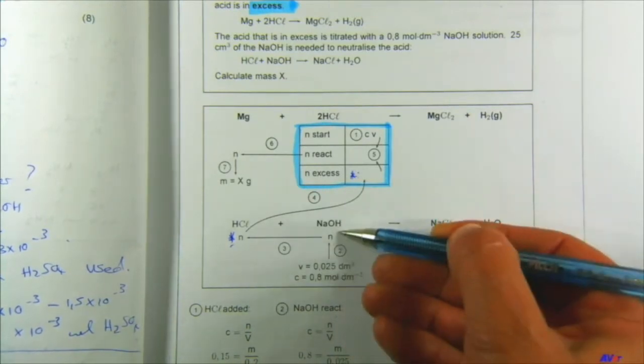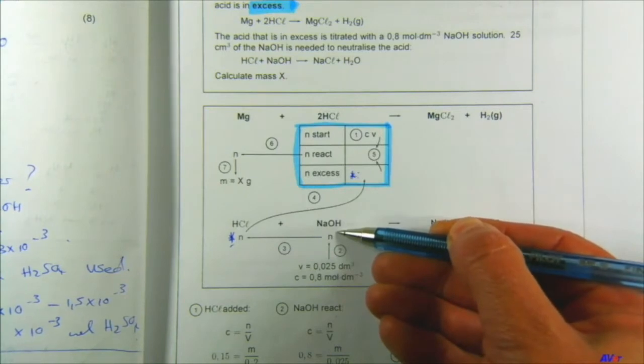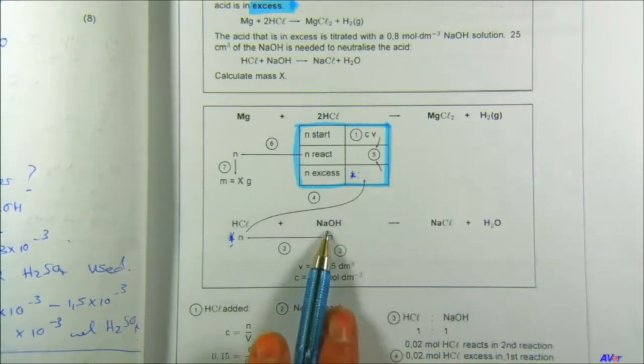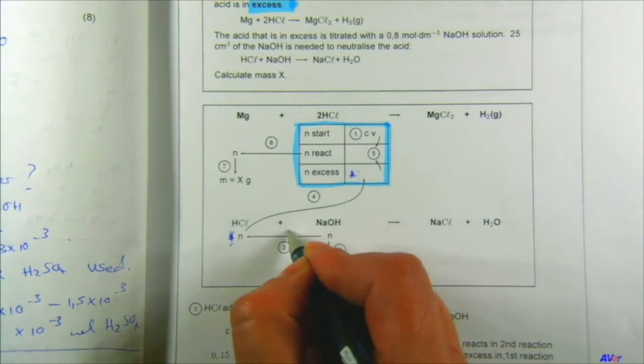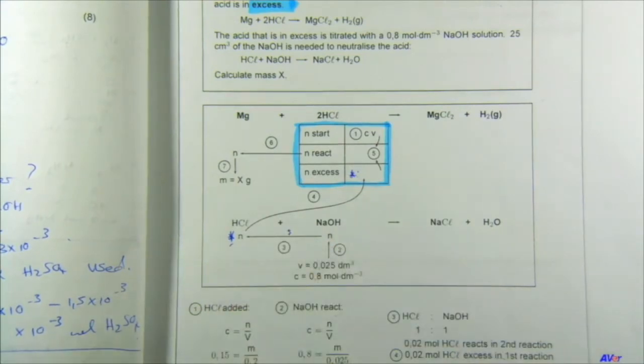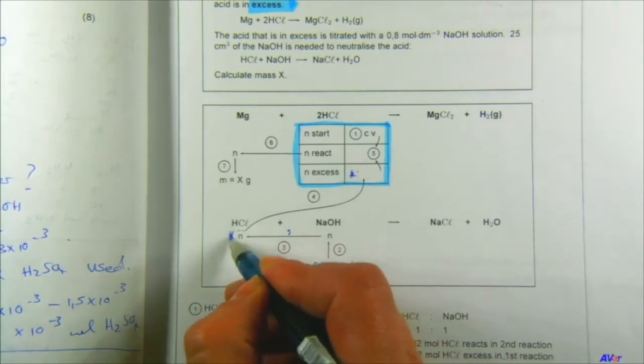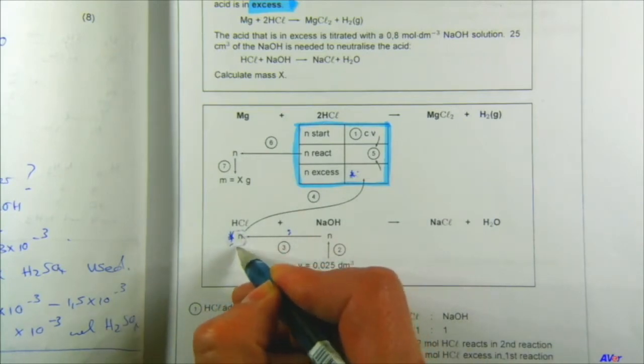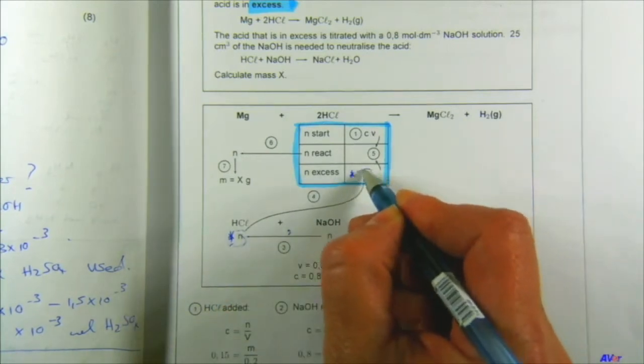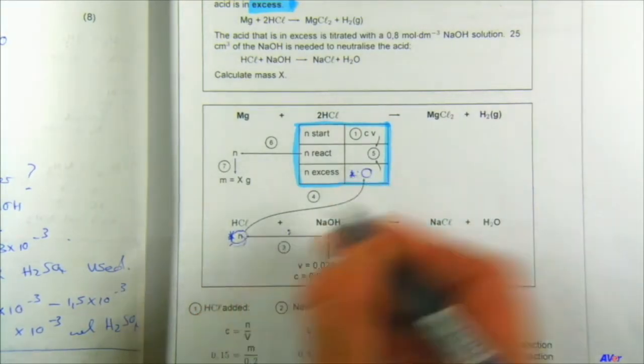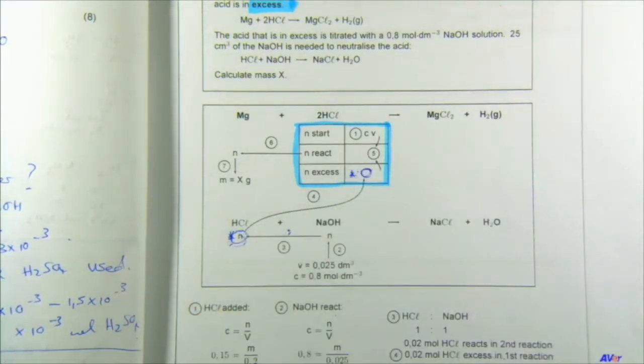That you can use to get the moles. Grade 10, easy. Moles to moles is a ratio. Easy, right? The grade 12 thing is to remember that whatever moles react here is the moles that was left over there. So once you get these moles, just go and write it down there as well.